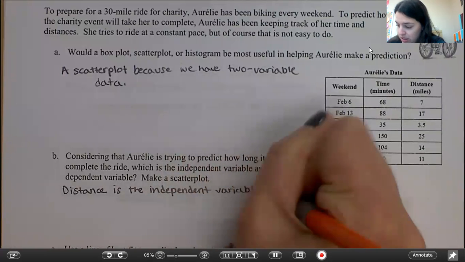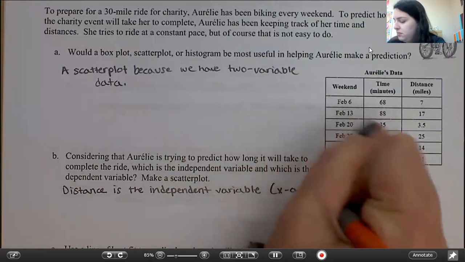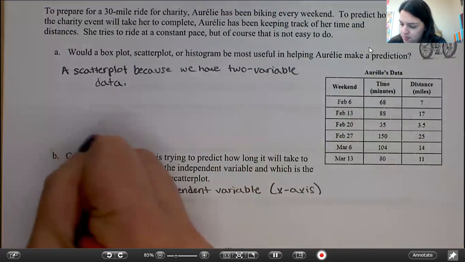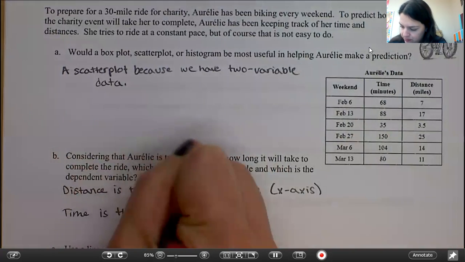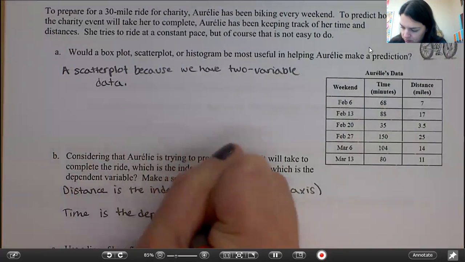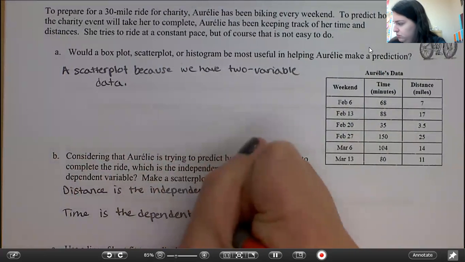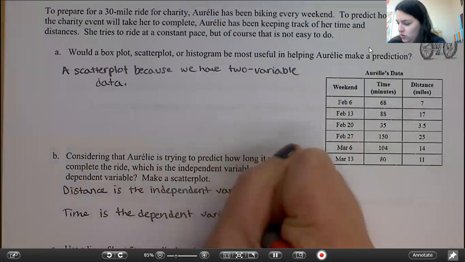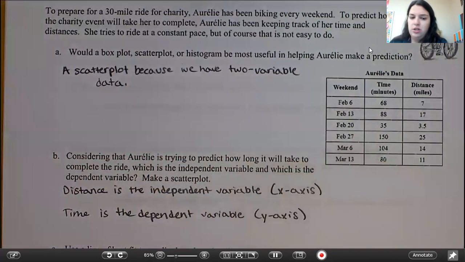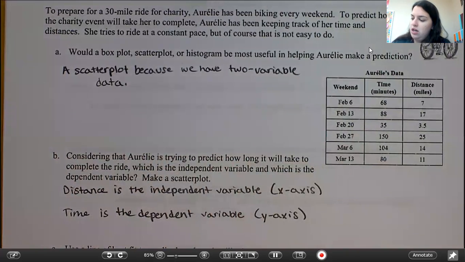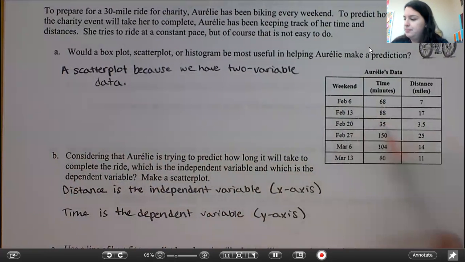So that means that's going to be the x-axis. And time is the dependent variable. And that'll be on the y-axis. So what you're going to do now is pause the video and you are going to make your scatter plot of this data.